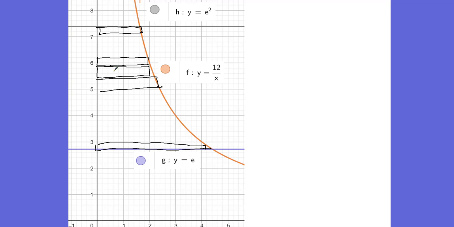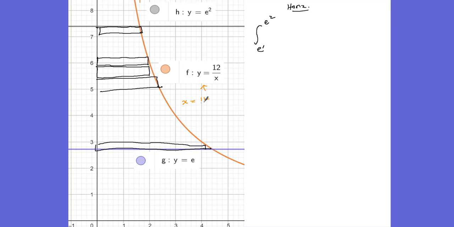But those are y values, aren't they? Those are not x values, but those are my limits of integration, from the lower one, e to the first power, to the upper one, e to the second power. Now, in order to do horizontal integration here, all of this needs to be in terms of y.